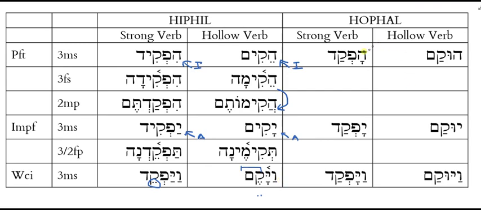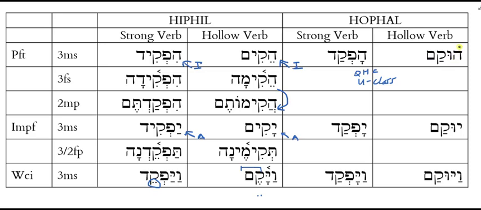With the hofal, I'm using in the perfect my characteristic hey prefix, and this is a kametz ketuf, which is U class. So I've got a U class vowel under the hey. For the hollow verb, I have a hey prefix, and I get a U class vowel, but it's a shurik.